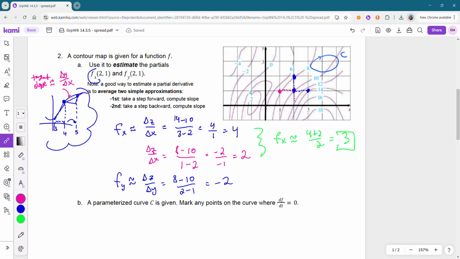And here if we step backwards down to the x-axis and look at our change in z over change in y, our new z is 12, our old one was 10, so we have 12 minus 10 divided by our new y, which was 0, minus our old y of 1, so we get 2 over -1, which is -2.